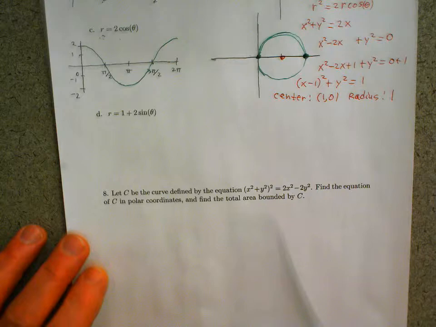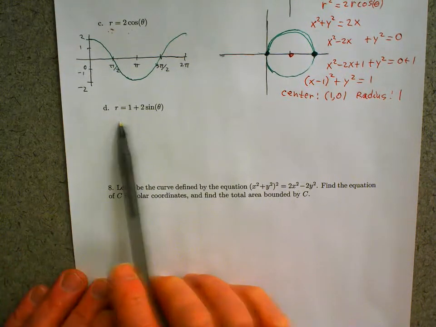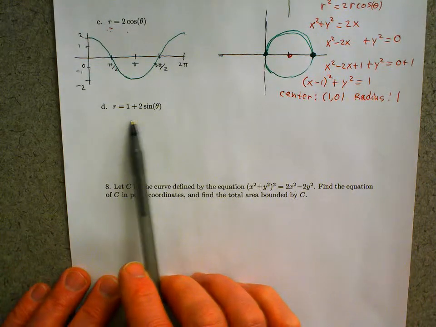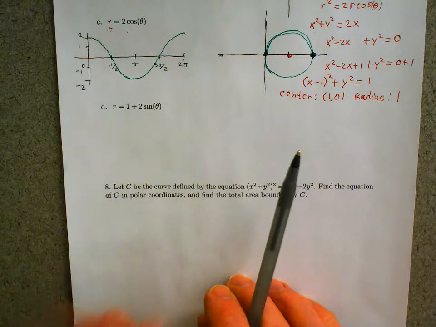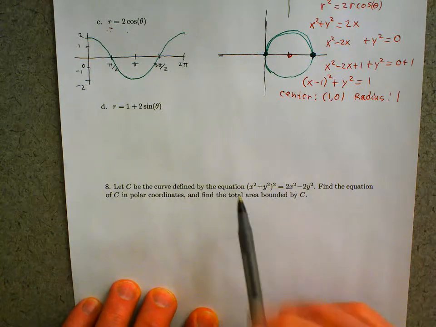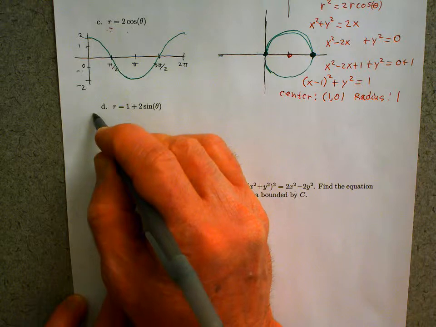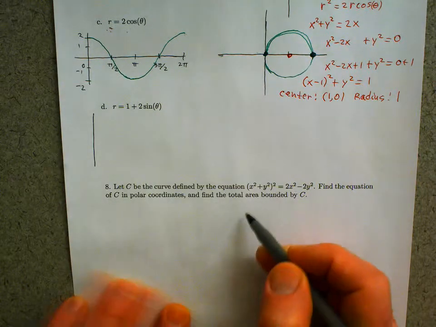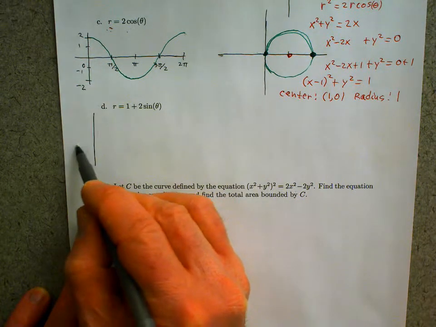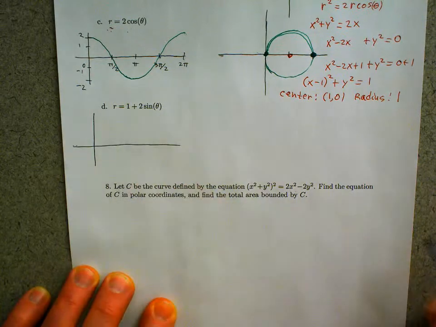Okay, we're at this polar equation, r equals 1 plus 2 times sine of theta. And first we'll graph the Cartesian equation, rectangular coordinates.